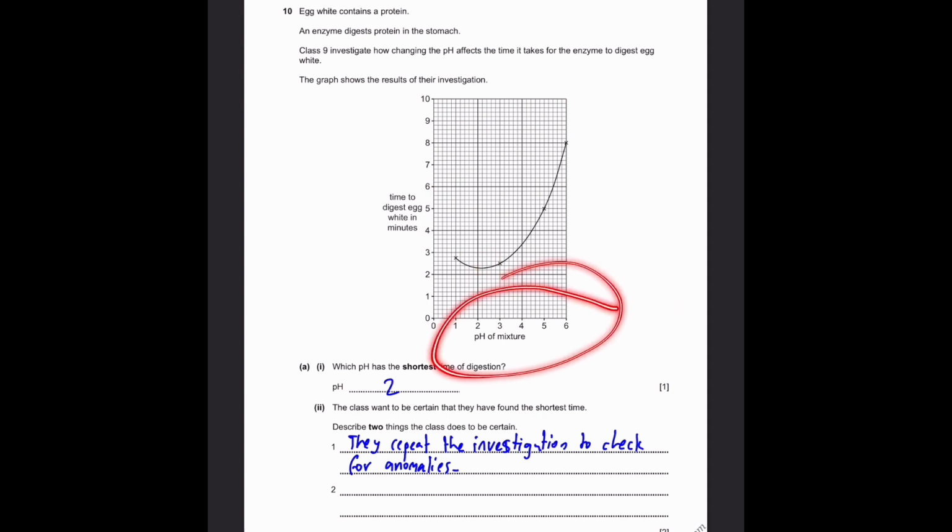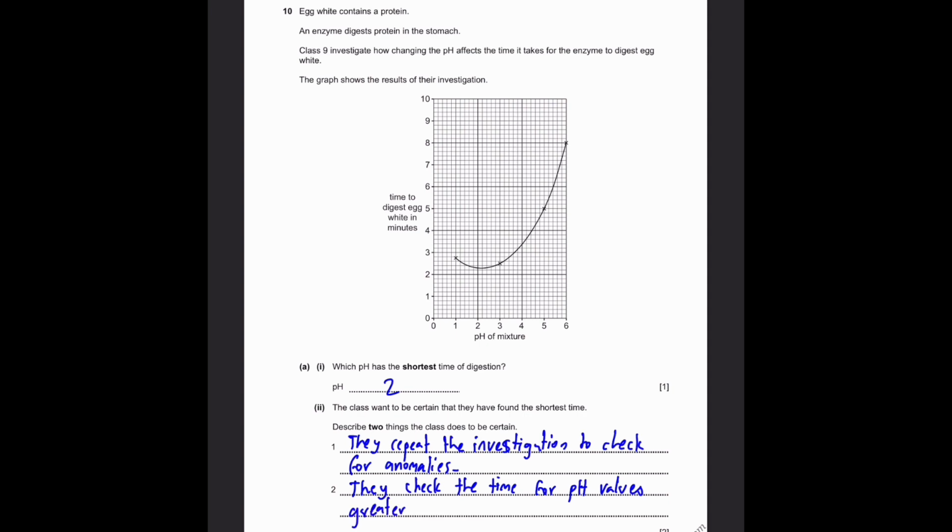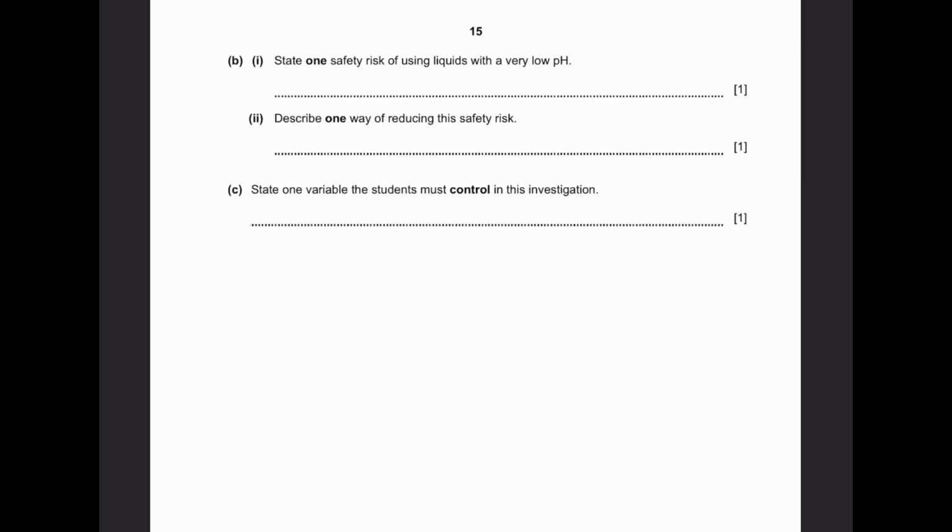These are all only acidic. So they check the time for pH values greater than 6.